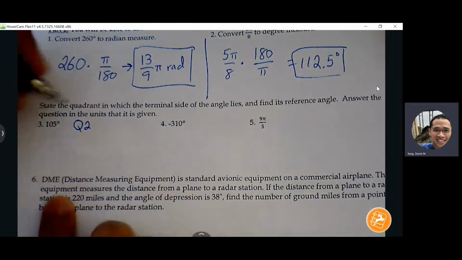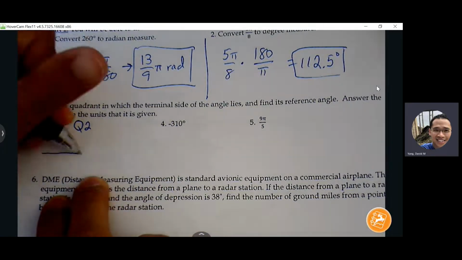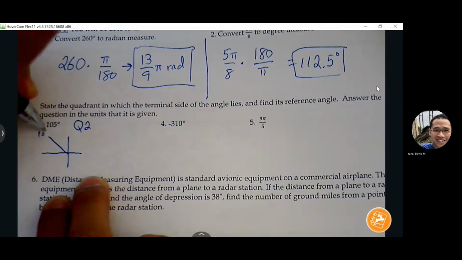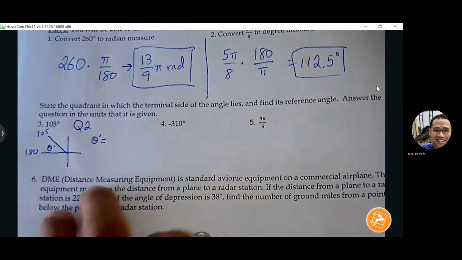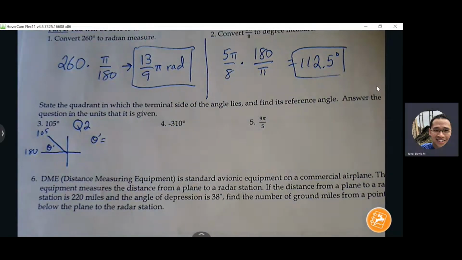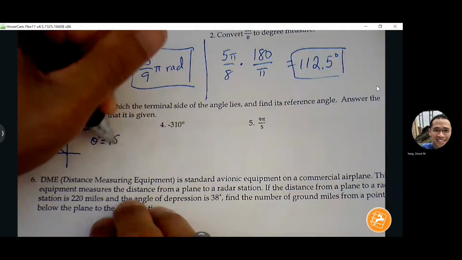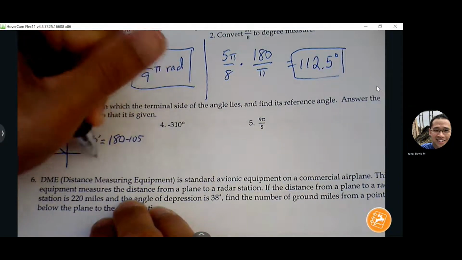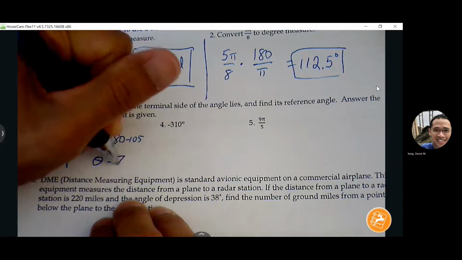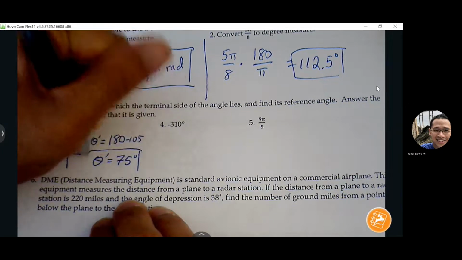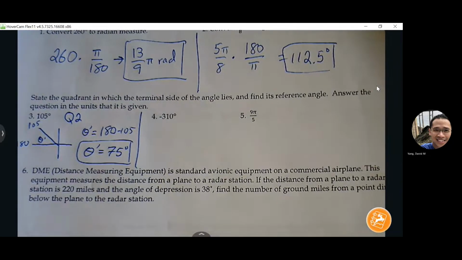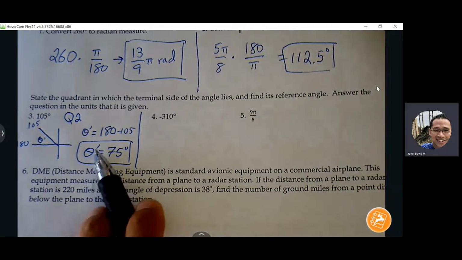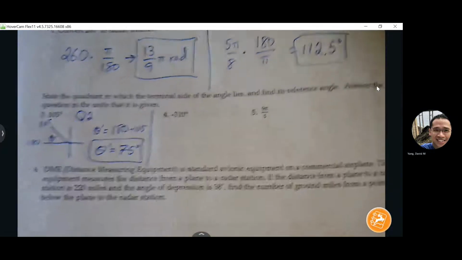Quadrant 2, so you know you're going to be involving 180. So 180 minus 105. And that prime just indicates that we're talking about the reference angle.